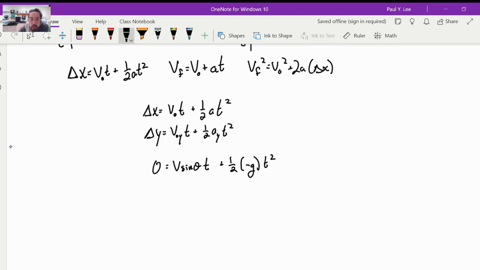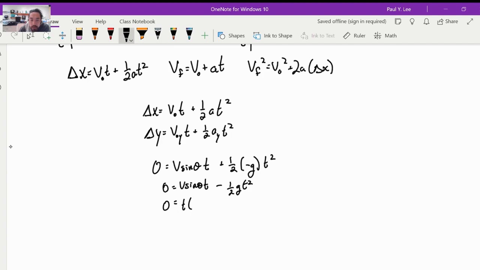The next line down, I'm just going to use this opportunity to clean this up a little bit. V sine theta t, oops, that should be a negative 1/2 g t squared. Okay, so from this line here, we can get a little bit fancy. We're going to factor out a time variable here.